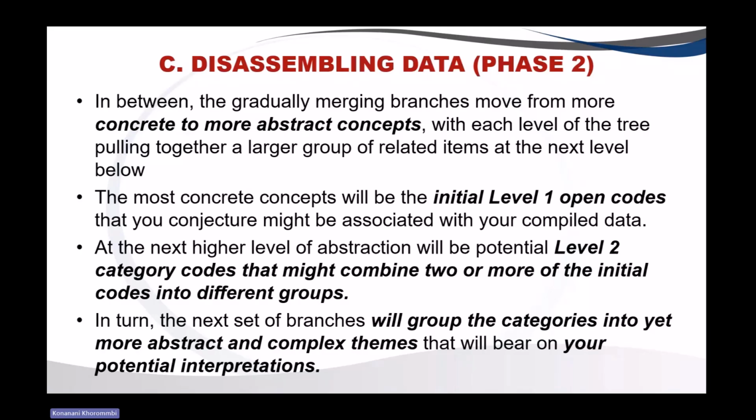Yeah, that is your data. Yellow, very concrete at the base. At the next level of abstraction will be level 2. As you move from level 1 to 2, it is more abstract than the earlier level. In turn, the next set of branches will group the categories into yet more abstract and complex themes that will bear on your potential interpretation.